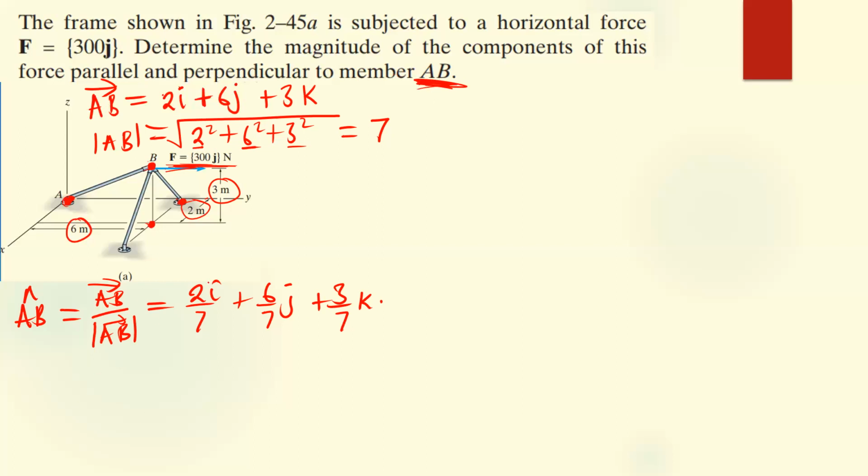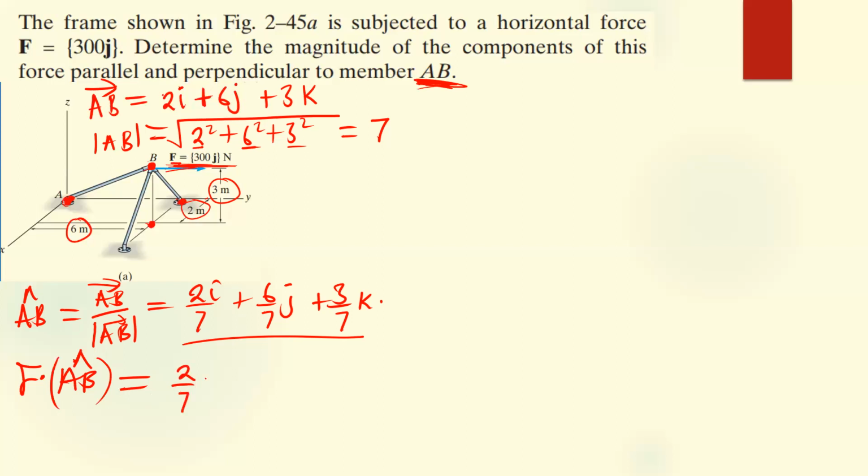How do you do that? In other words, we're just trying to find the dot product of F and the unit vector of AB.